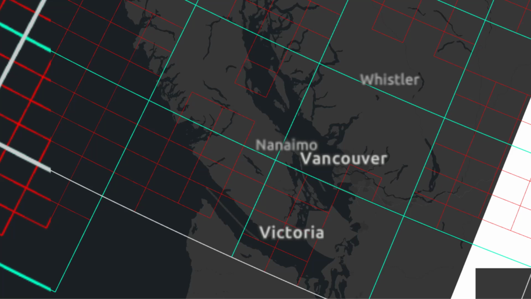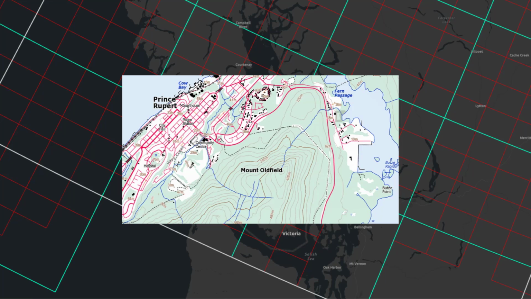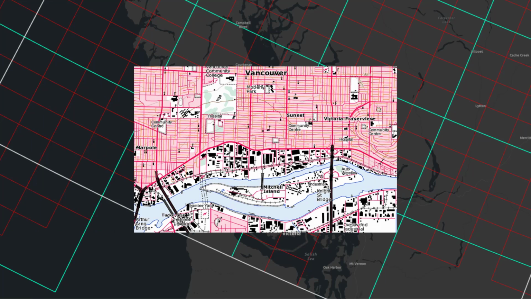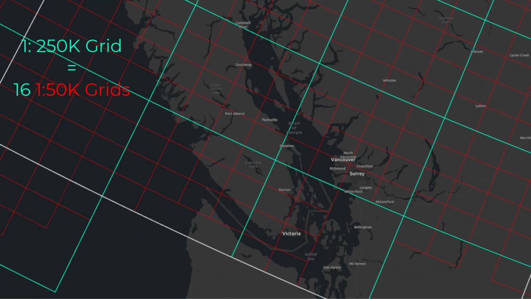These maps are used for forest management, wildfire control, environment issues, highway planning. A map at this scale can be used for almost any conceivable requirement. A 1 to 250K map covers the same area of land as 16 maps with 1 to 50K scale.